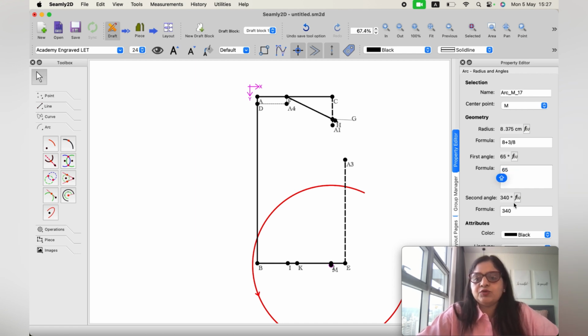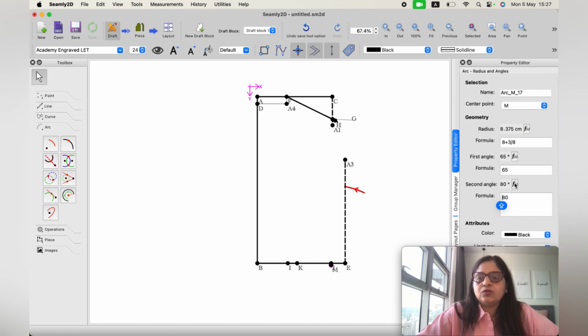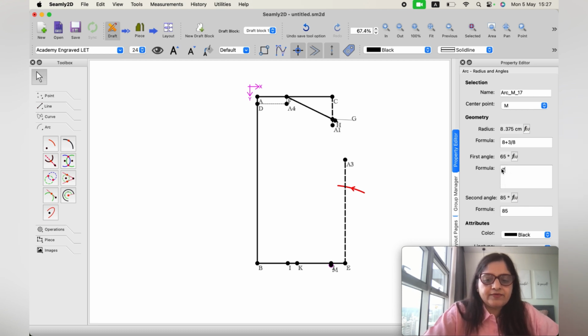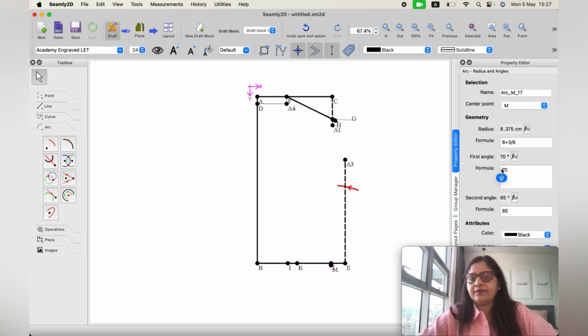So nowadays I am doing it like this, and then I'll do 80 degrees. No, this is not cutting the line, so I'll need more. Let's say 85 degrees. Yeah, and here I can go up to 70 degrees, I think. Yeah, so I got the line.